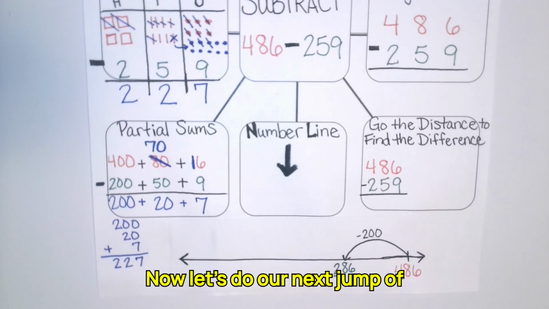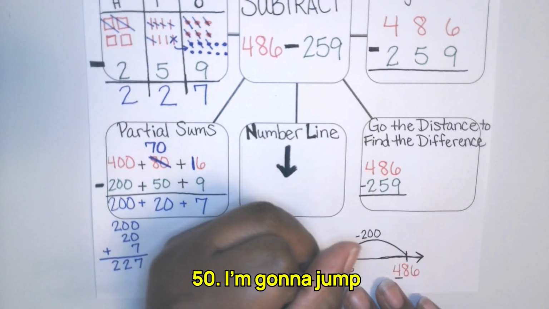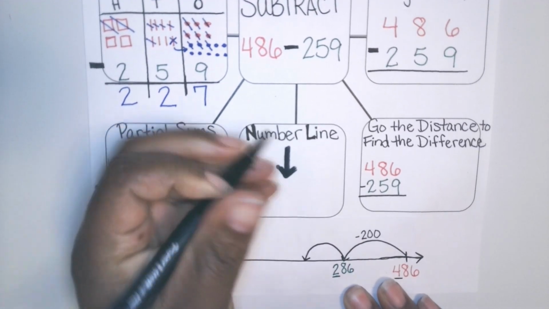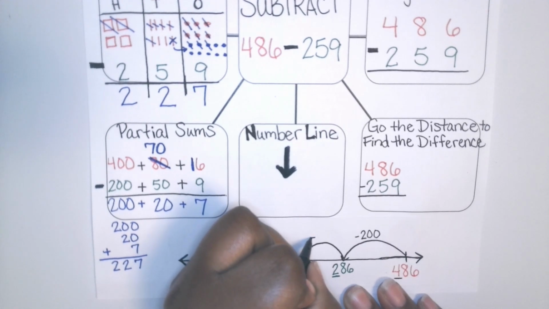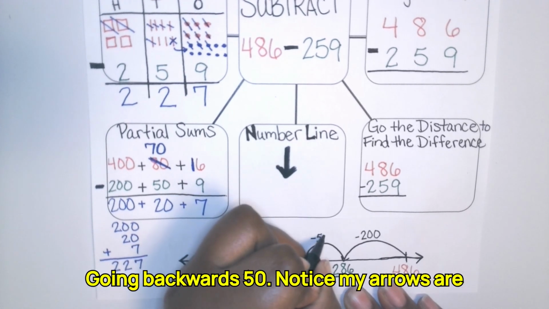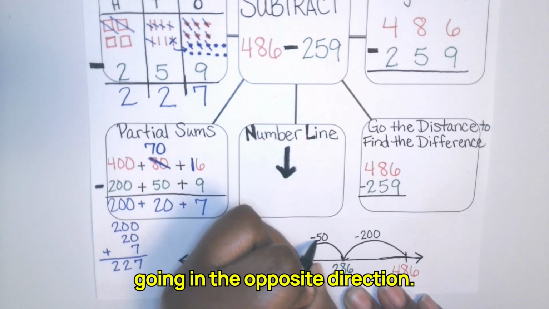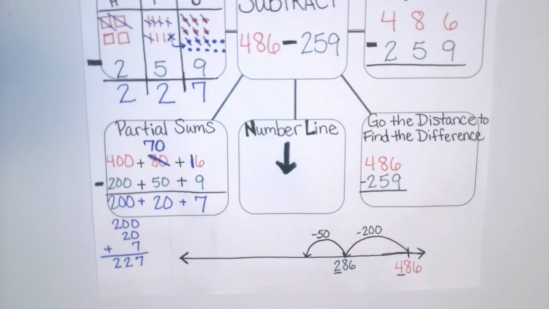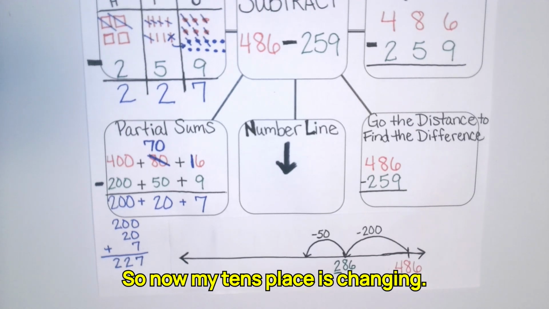Now let's do our next jump of 50. I'm going to jump 50, going backwards 50. Notice my arrows are going in the opposite direction. So now my tens place is changing.